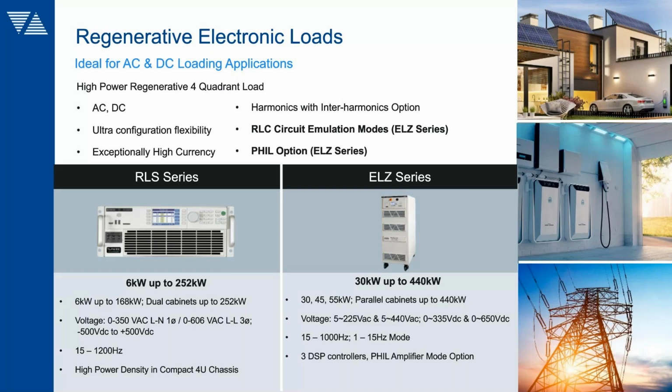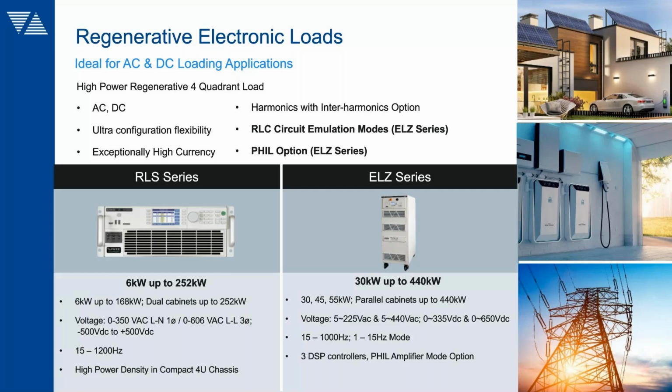On the DC side, it's plus or minus 600 volts DC, and the frequency range is 15 hertz to 1000 hertz. This ELZ series model also has the HIL hardware in the loop option available to it. So these are the 2 load products that we have on the regenerative side.